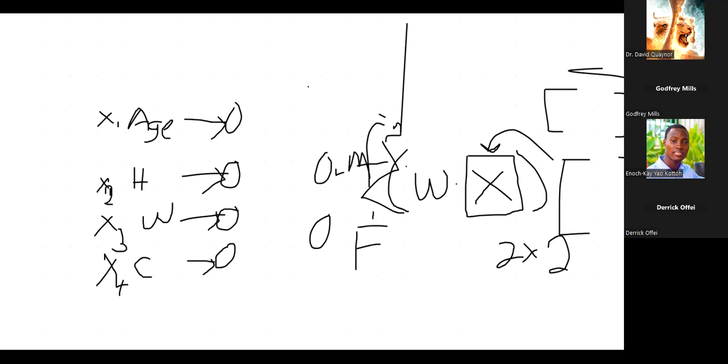Now, in the event that we don't want to see a negative value, a negative z, then we want it to be this, and then 0 here. So it means that it's on the 0 line here.